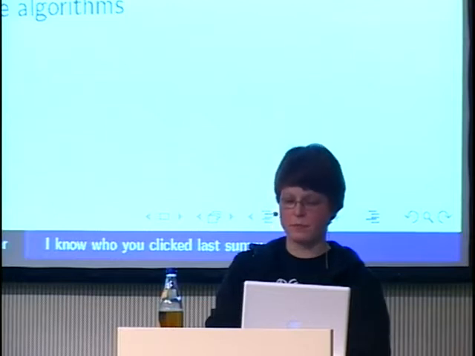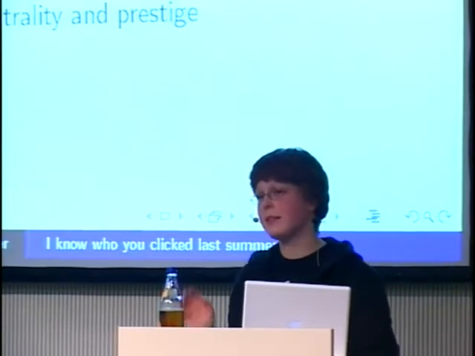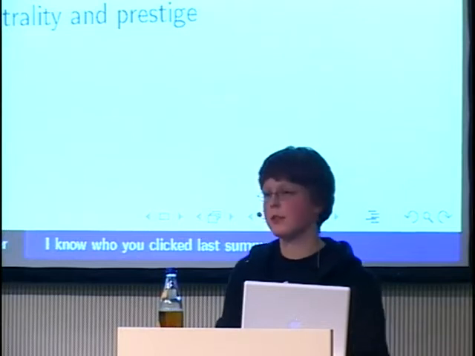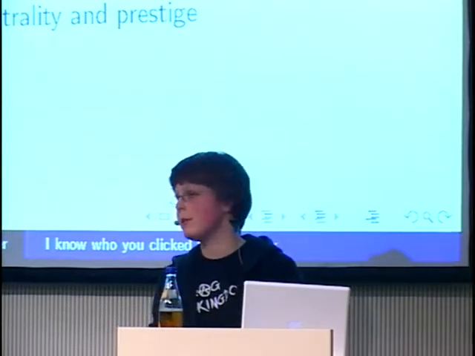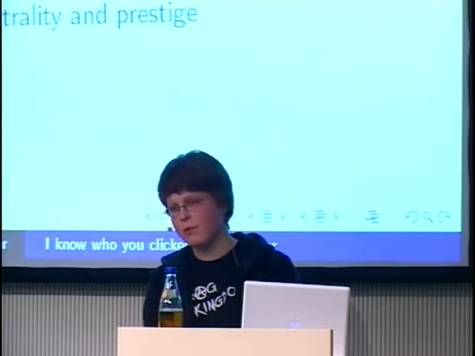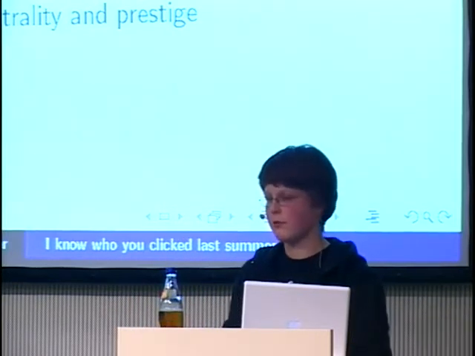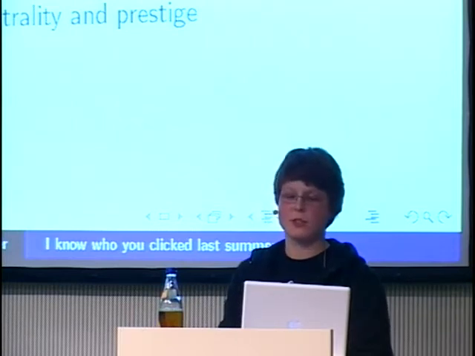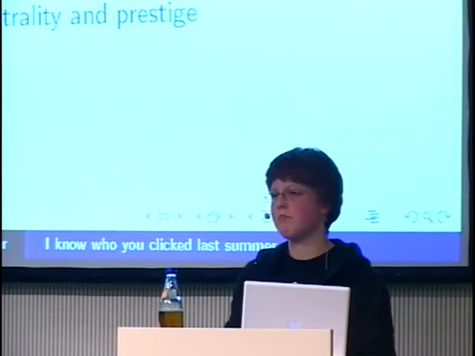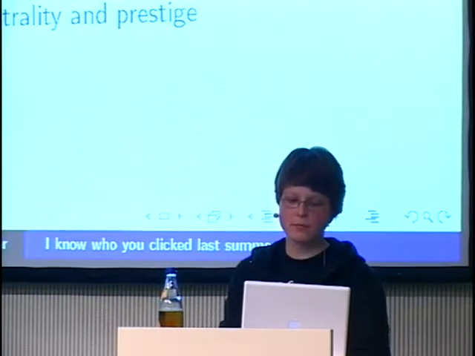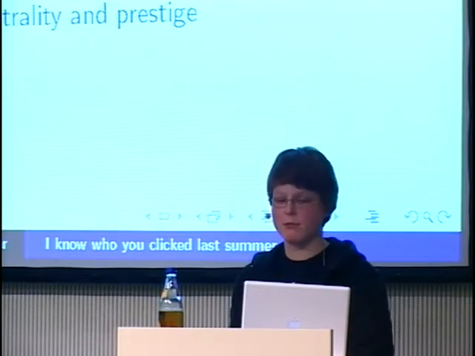One very basic algorithm is, of course, Dijkstra's algorithm, which computes shortest paths in a network. You need this in very many measures. Like I told you, in centrality or prestige, shortest paths are always a very important thing in social network analysis. Of course, it's a classical algorithm in graph theory.